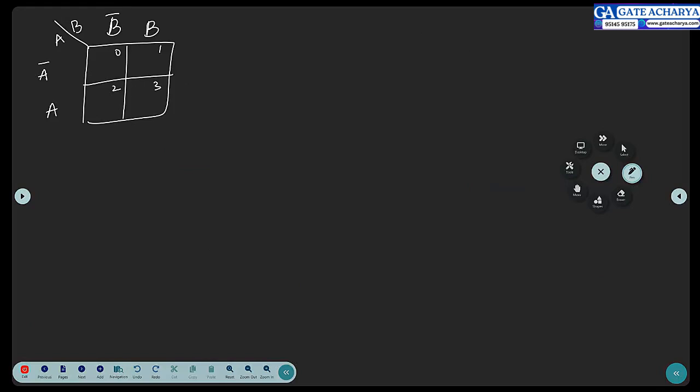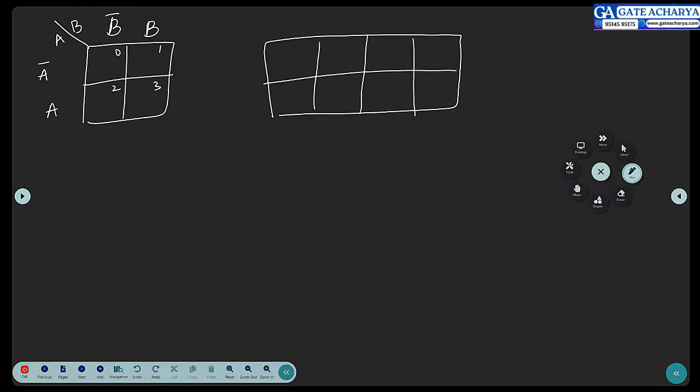Okay. How about a three variable K map? Let us say A, B, C, A, and this will be B bar C. Fine.